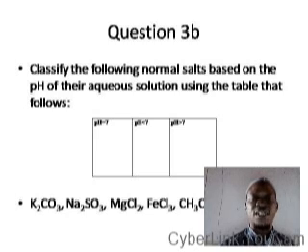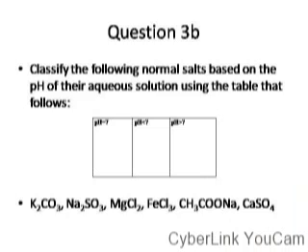But if the acid radical does not contain any of these three, the solution will be basic, once it contains sodium or potassium ion as the basic radical. So let's look at this. We have K2CO3 here. This is a strong basic radical, but a weak acidic radical. So it's going to be basic, and that means the pH will be greater than 7.